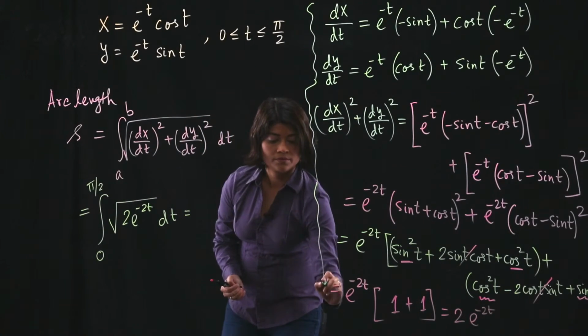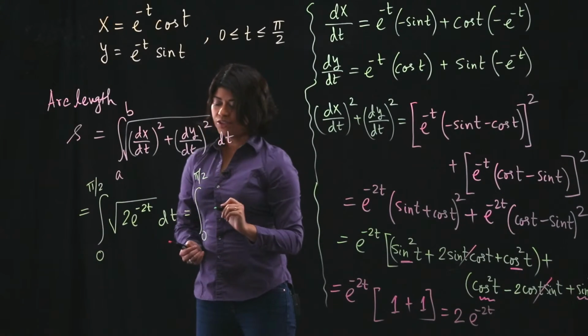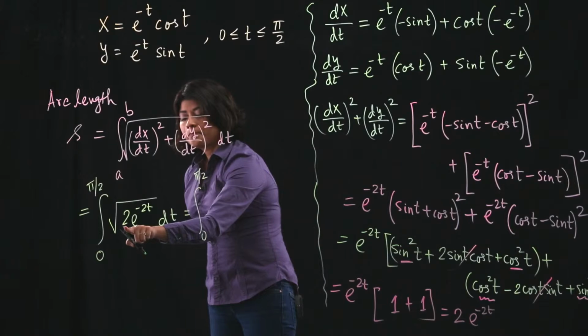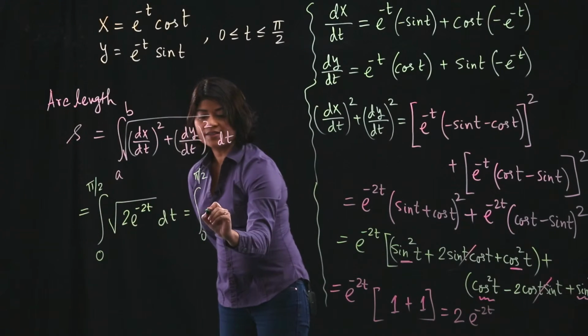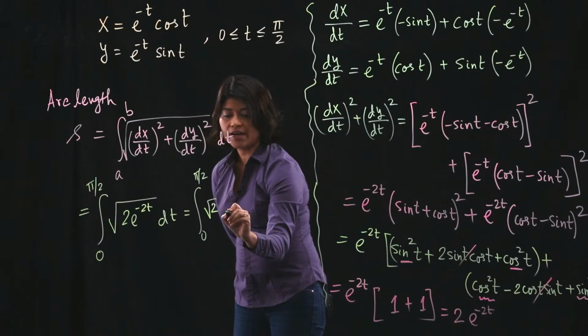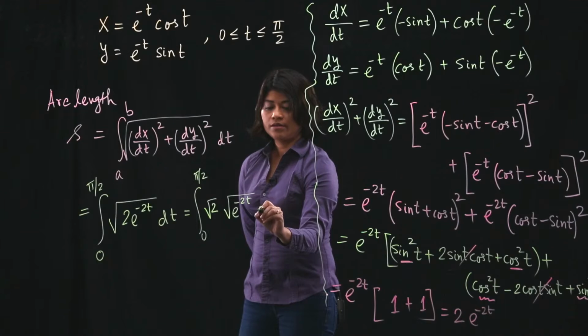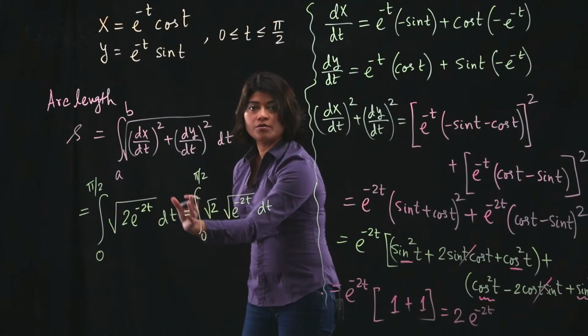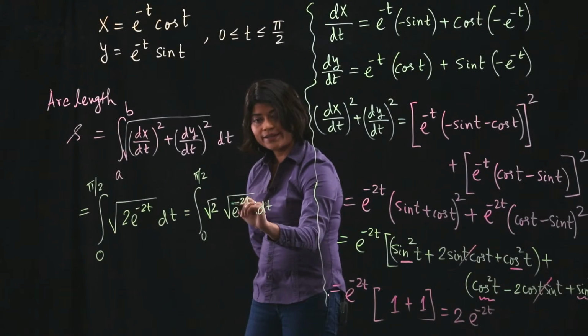So let's solve this integral. Well, you can rewrite the square root as square root of 2 times square root of e to the negative 2t.